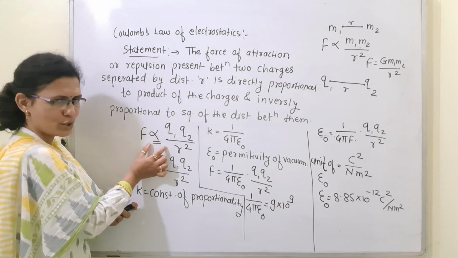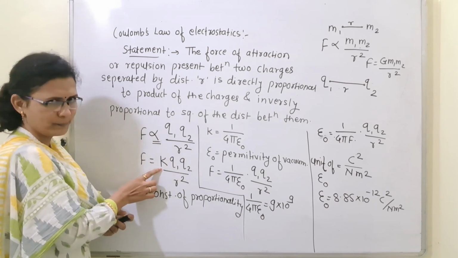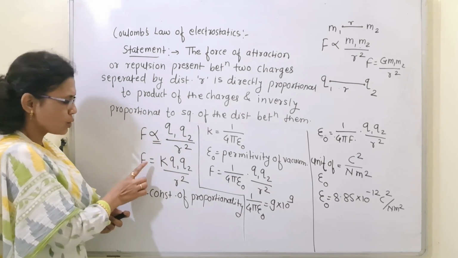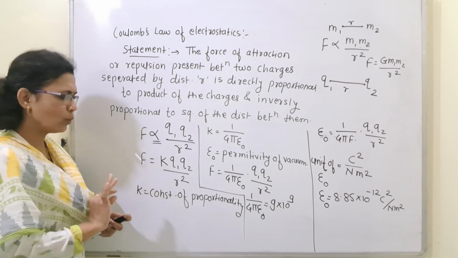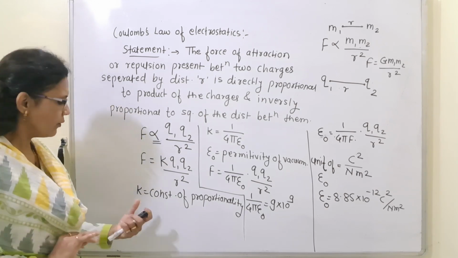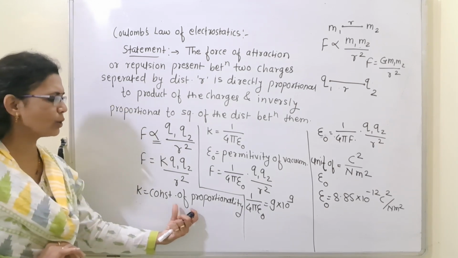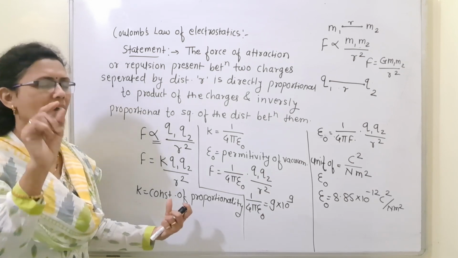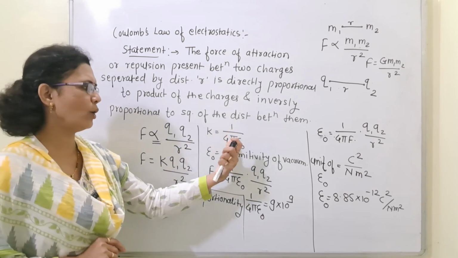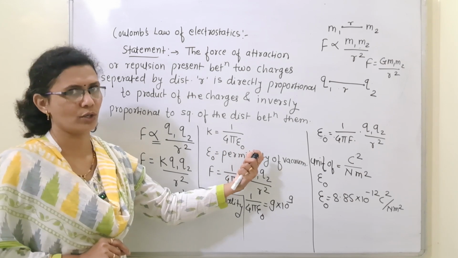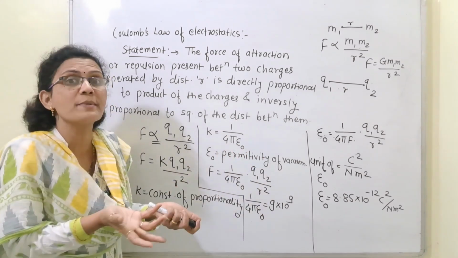To remove the proportional sign, you are going to put the constant of proportionality. So F is equal to K Q1 Q2 upon R square, where you have to write K is the constant of proportionality, and having value K is equal to 1 upon 4 pi epsilon naught. So again you have to mention what is epsilon naught.